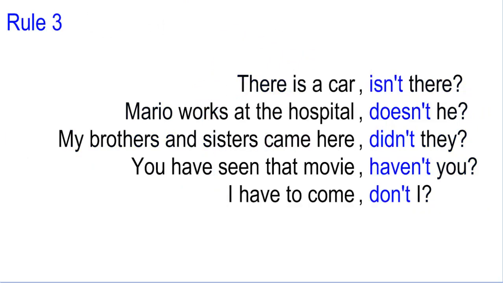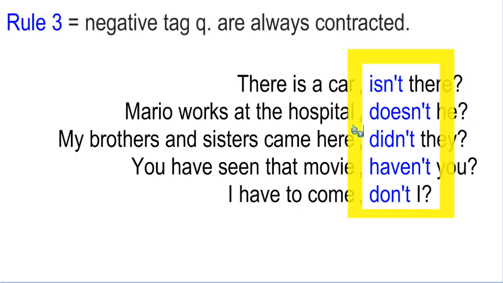Rule number 3. Same sentences, but look at all of these cases. There is a car. Isn't there? Mario works at the hospital. Doesn't he? My brothers and sisters came here. Didn't they? You have seen that movie, haven't you? I have to come, don't I? So in this case, what's happening?